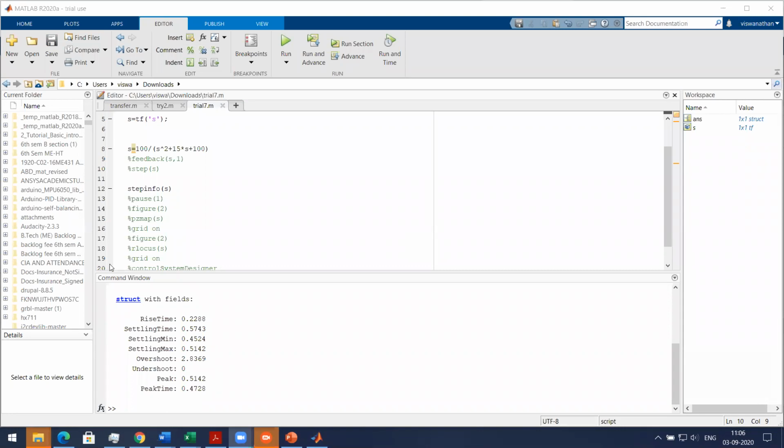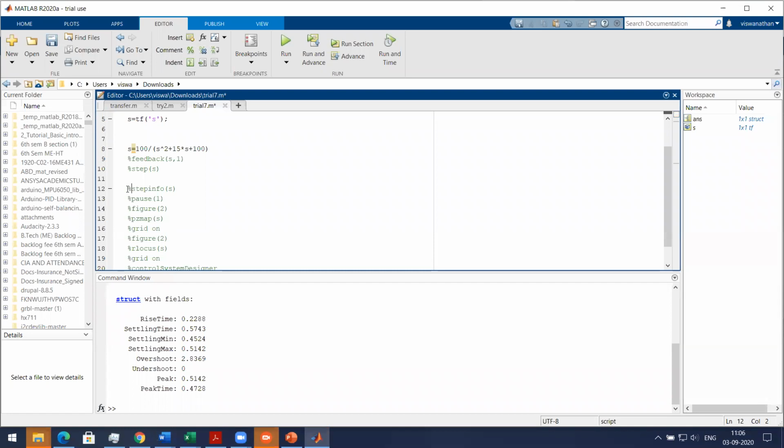And if you use the pole zero map with the grid on, it will give you the constant lines of the damping ratios. It will plot the damping ratio lines. It's not necessary to have that grid on, just to see the damping ratio lines, that's all.